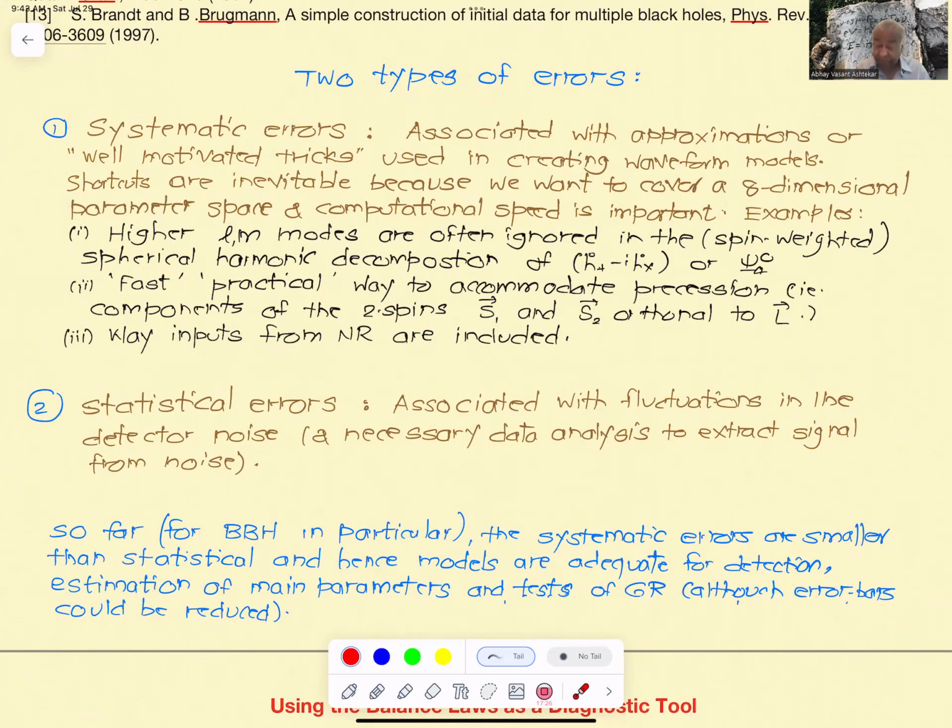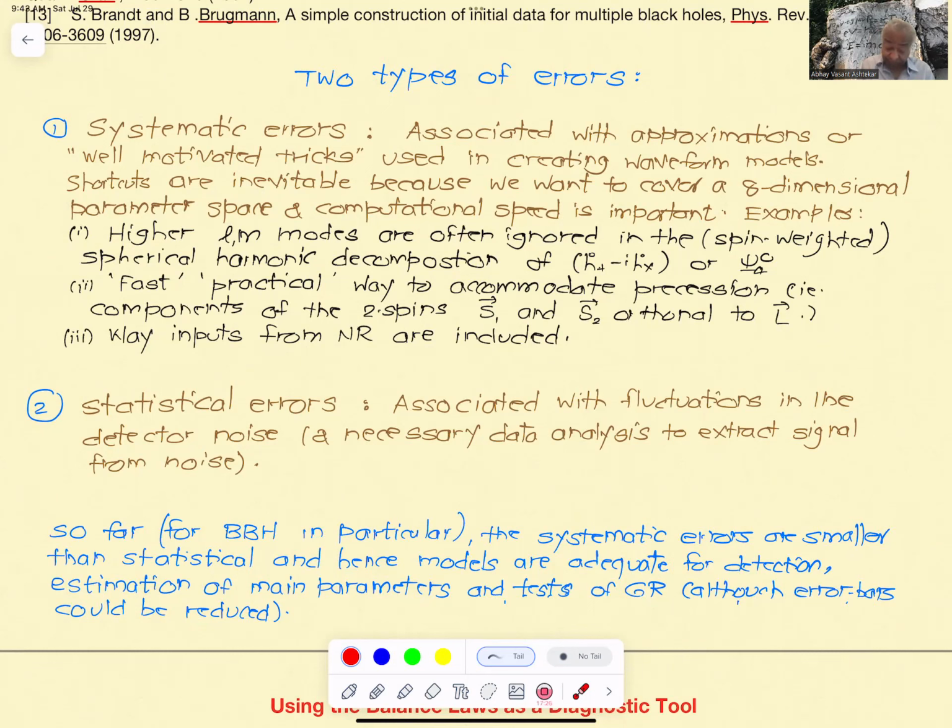And so speed is very important in generating these waveforms. The more waveforms you want to generate, your procedure should be very, very fast.